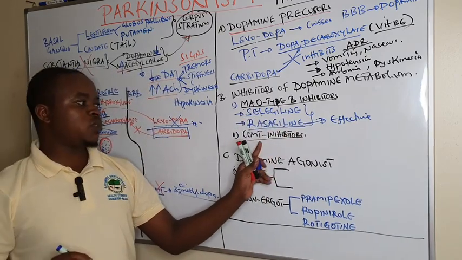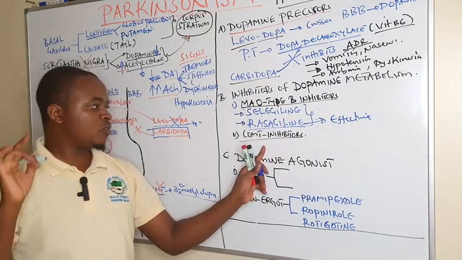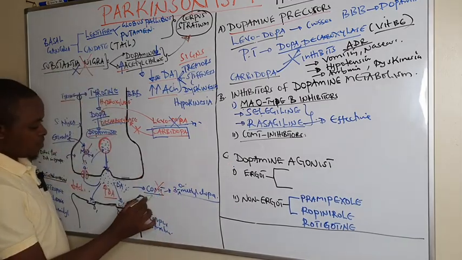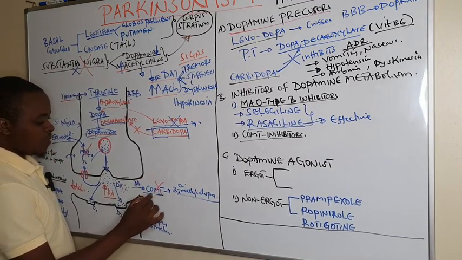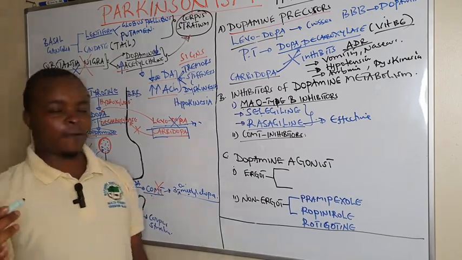Then other drugs we have are COMT, or catechol-O-methyltransferase inhibitors, which are also responsible for metabolism of dopamine. If we have dopamine, it is metabolized by COMT by adding a methyl group to form 3-O-methyldopa.